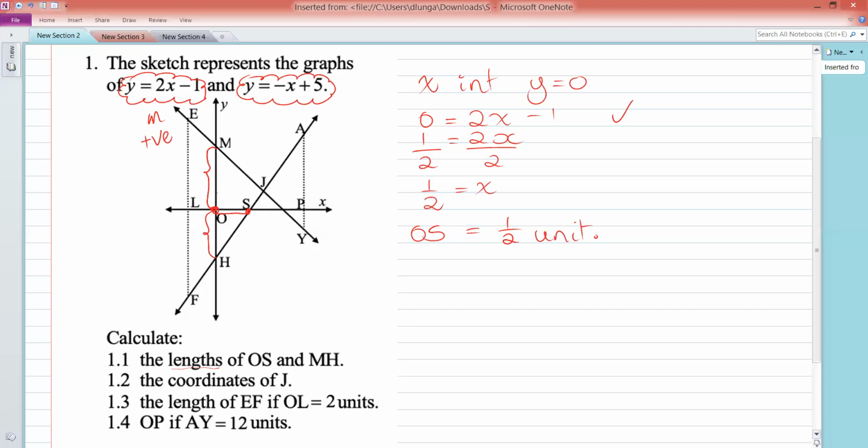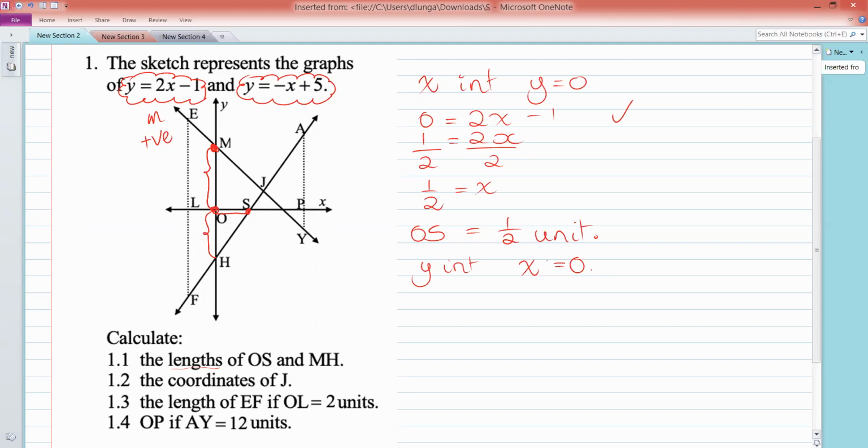To work out the distance from O to M, which graph am I going to use and how am I going to figure out what the coordinates of M are? This time we're dealing with a y-intercept. If you're dealing with a y-intercept, we always make the x equal 0. So are we going to use the first graph or the second graph this time? This time we're going to use the second graph.